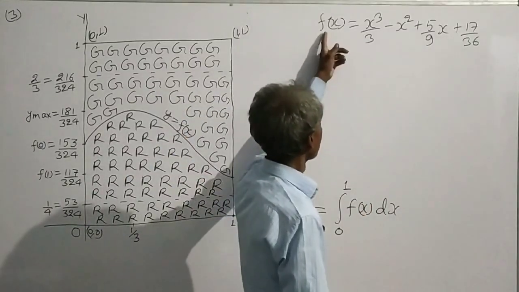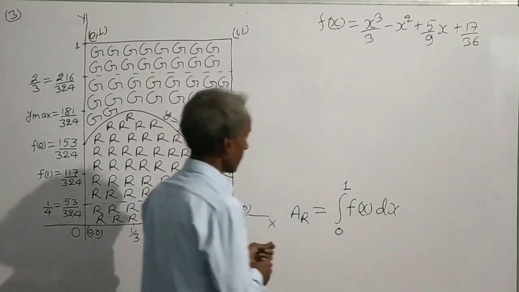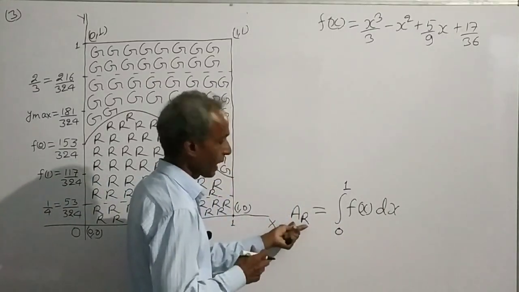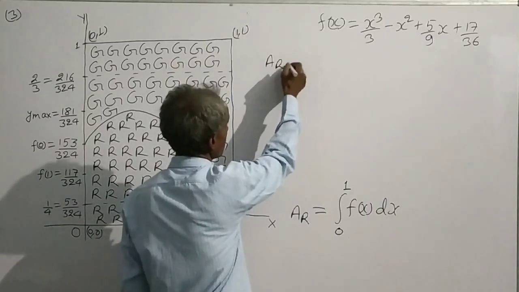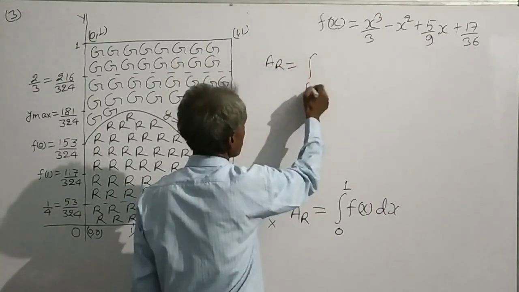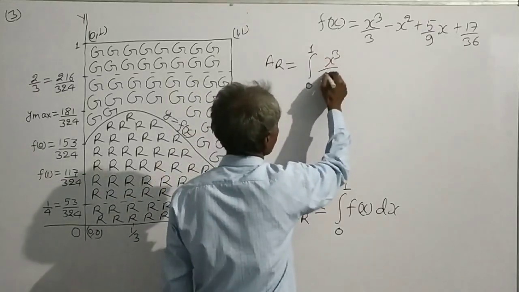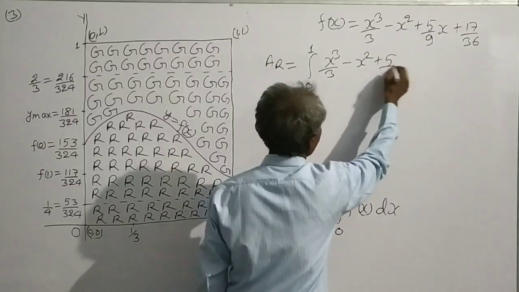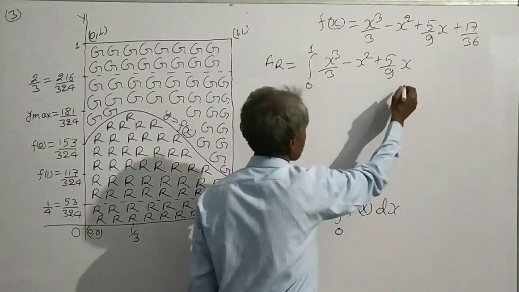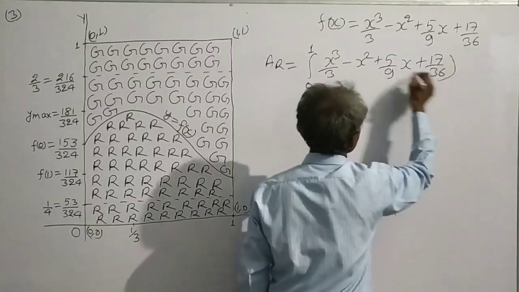But in the question, it is given that f(x) is equal to this. Therefore, the area of the red region AR will be equal to the integral from 0 to 1 of (x^3/3 - x^2 + 5/9 x + 17/36).